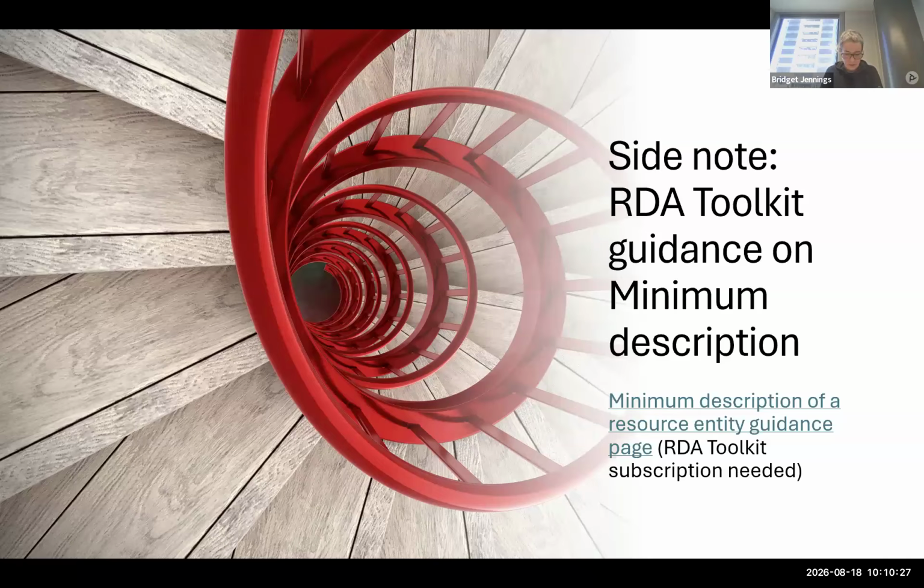So, just a side note here. If you are curious to know what official RDA defines as a minimum description, a description of a resource entity that includes only the elements that absolutely must be present, then you could read the minimum description of a resource entity guidance page in the toolkit.